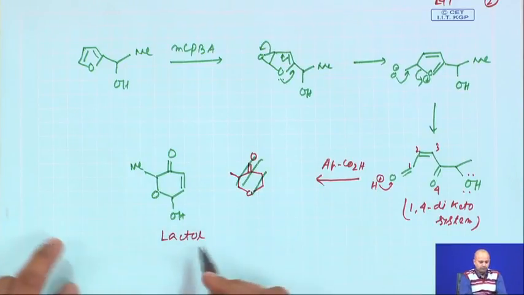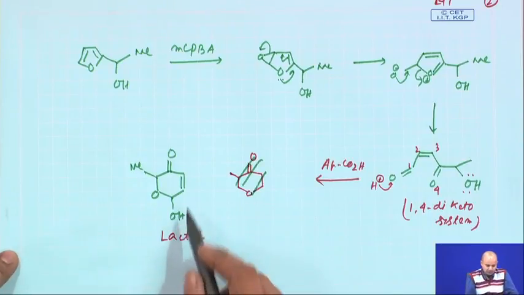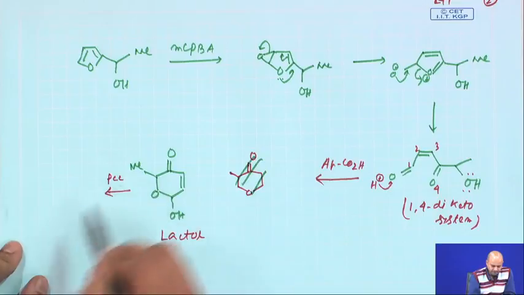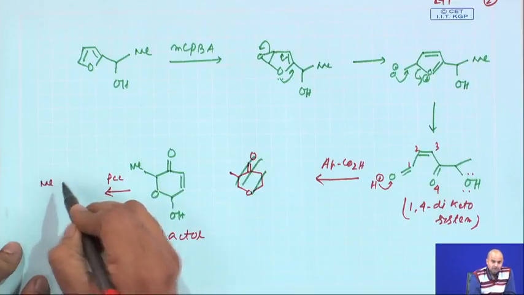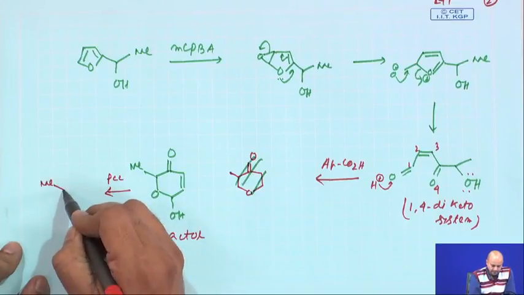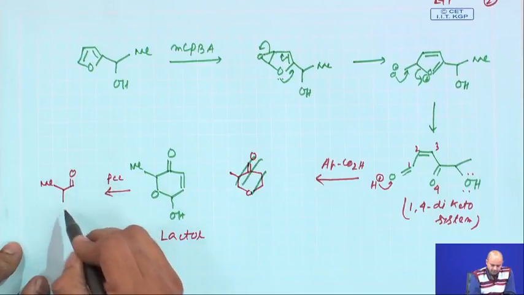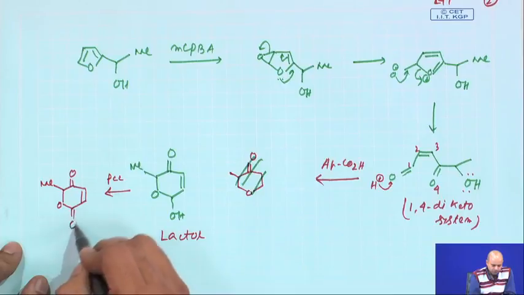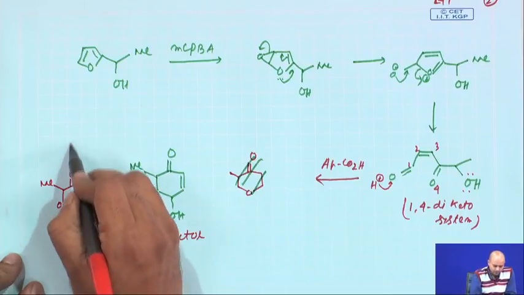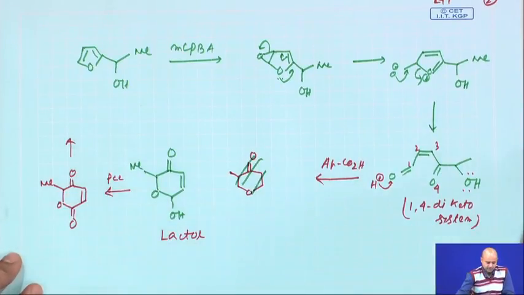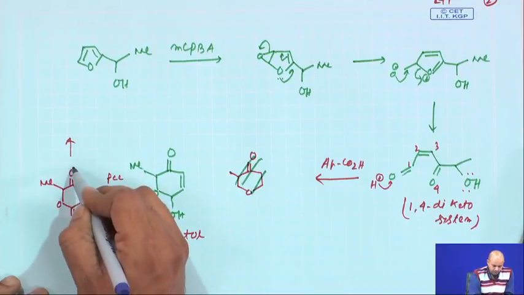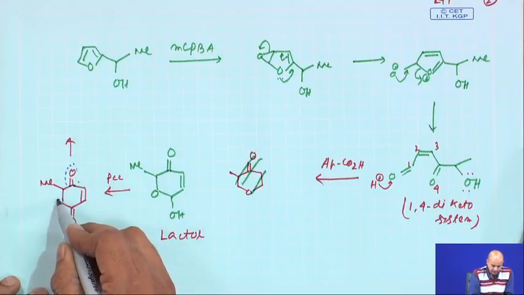After you get the lactol, it can be easily oxidized by PCC. So, once you oxidize this lactol with PCC, you will now get the lactone. Now, if you see the structure of this lactone, you have a carbonyl group here, a simple ketone, and you have an ester carbonyl.